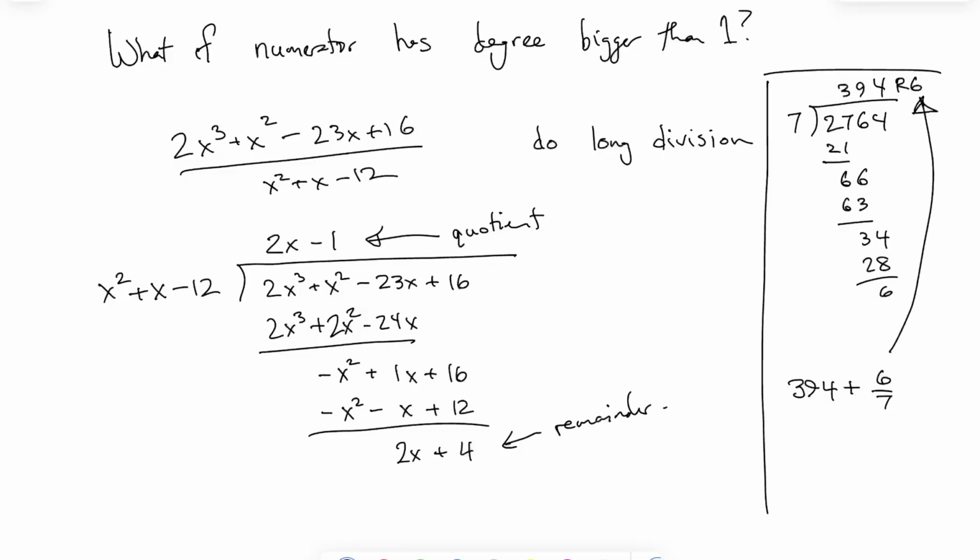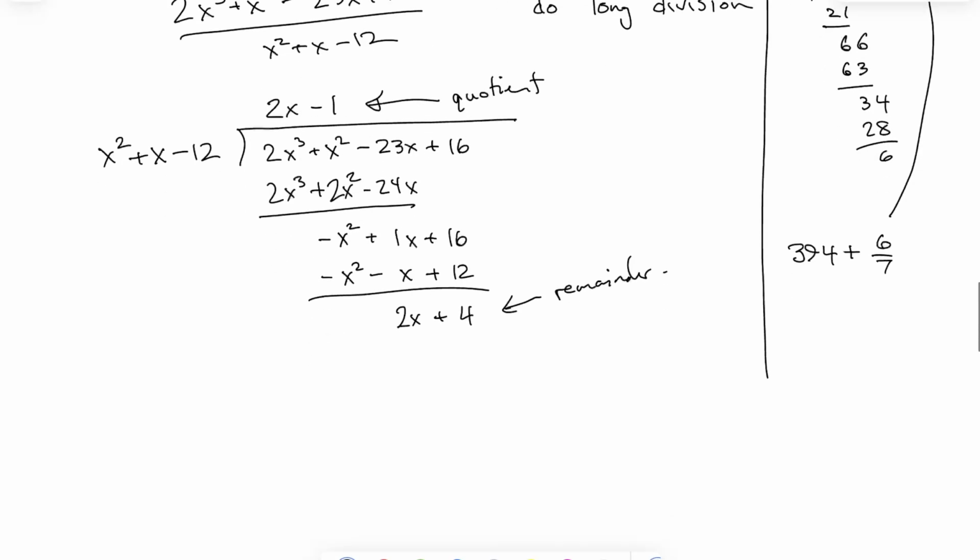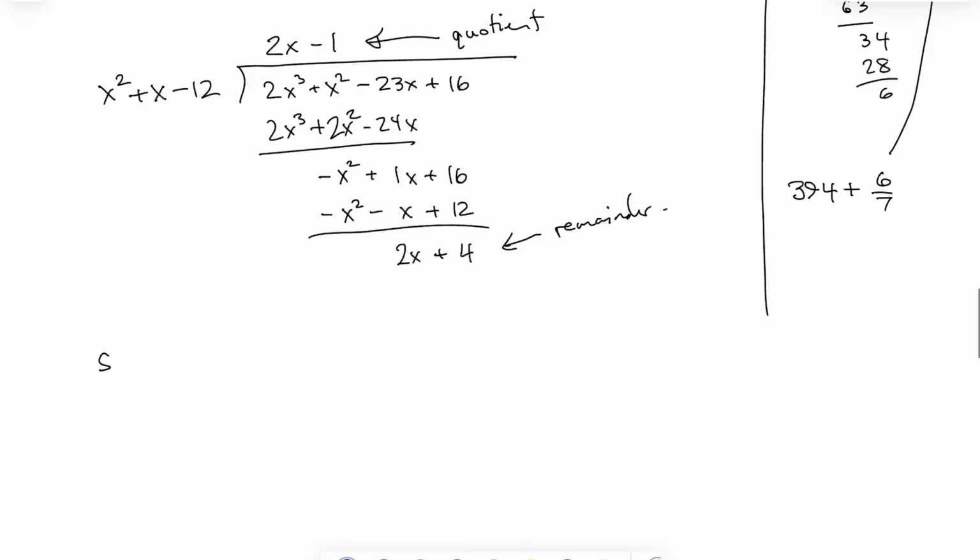All right? So to write out my final answer, I'm going to try to write it kind of like this. I'm not going to use the R thing. Do it this way. So my final result of the division is 2x cubed plus x squared minus 23x plus 16 divided by x squared plus x minus 12. This is what I was doing when we did this division. What is the answer?